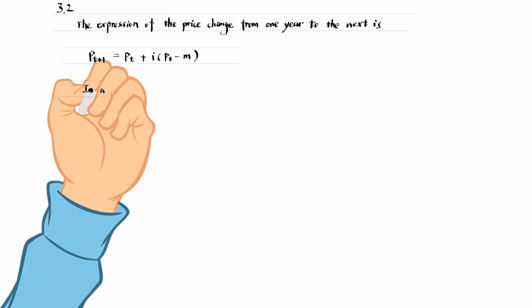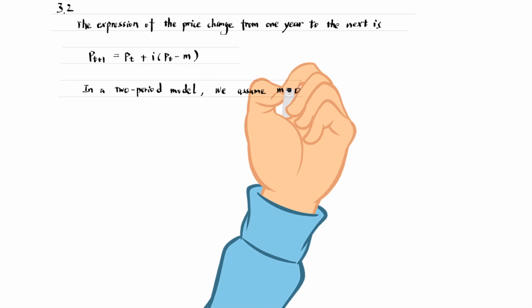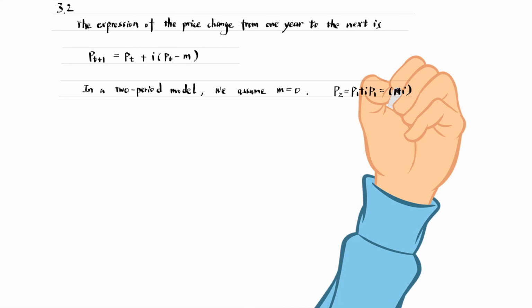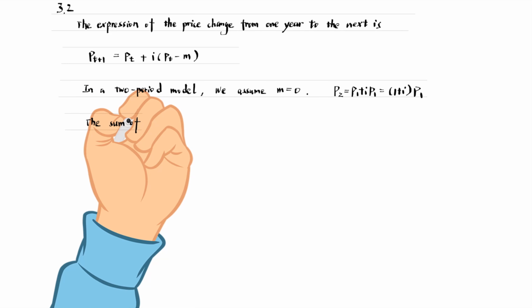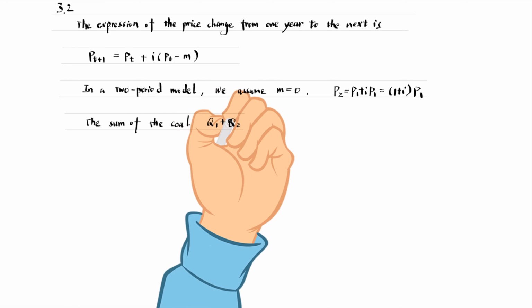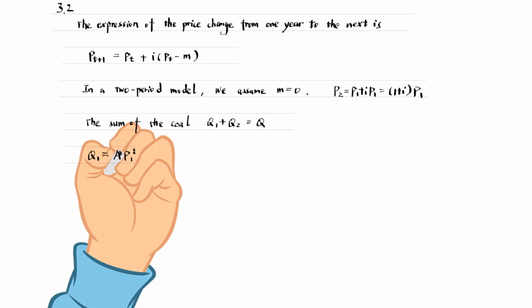In a two-period model, we assume the marginal cost of mining is 0. We have a simple relationship between P2 and P1. The sum of the coal sold in the 2 years equals Q. We plug in the demand function for the coal Q1 and Q2.